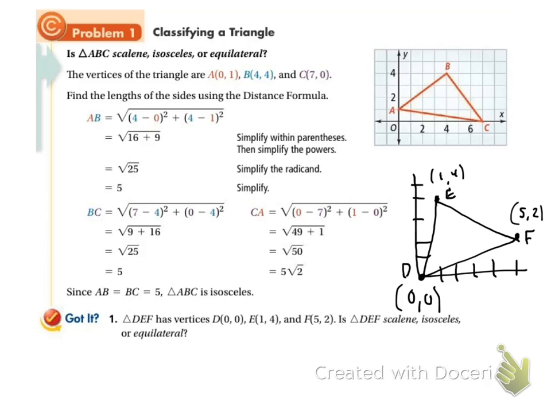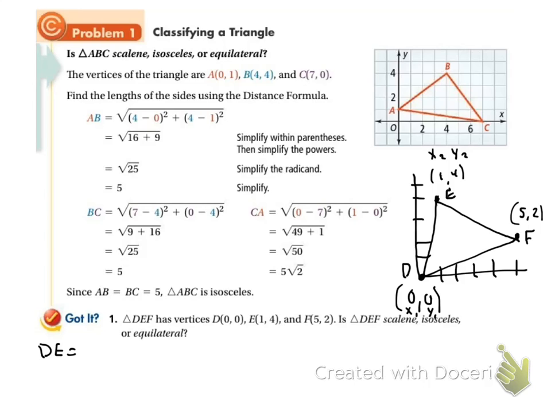So we're going to use the distance formula to figure out how long each of these sides are. So let's start out with DE. So I'll label them. I'm going to label these guys X2 and Y2. This one X1, Y1.